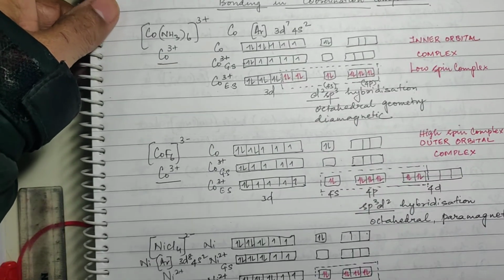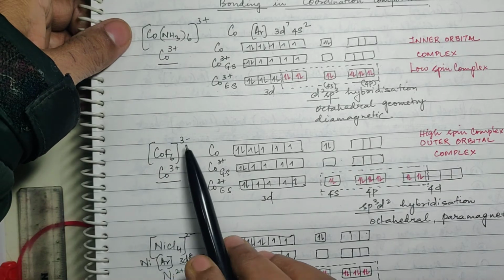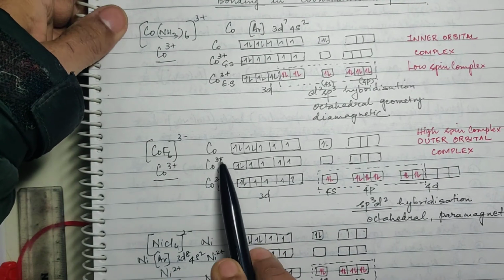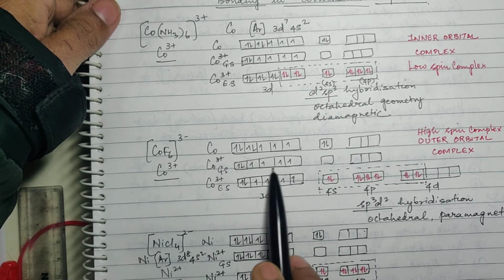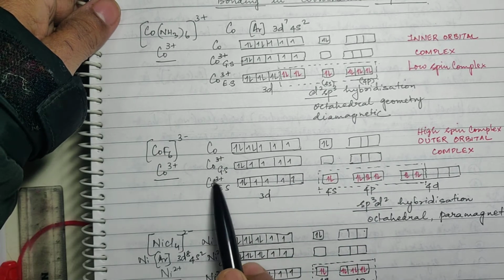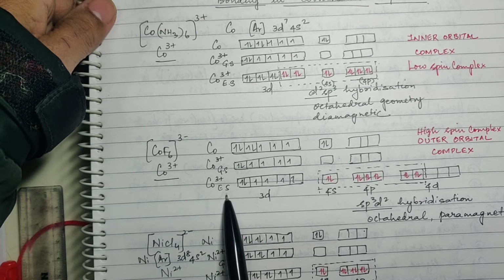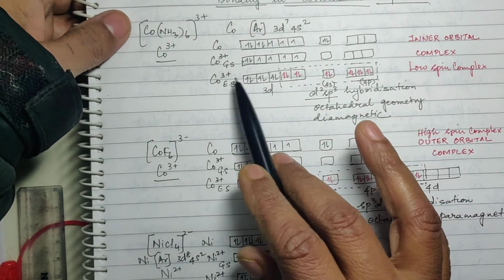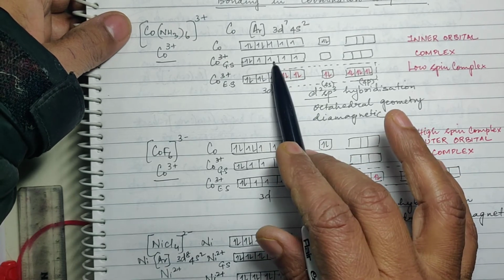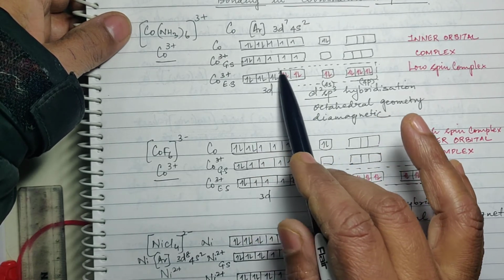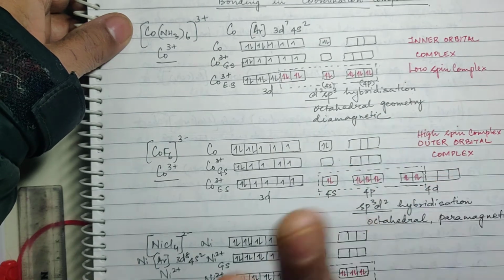Now come to the other example, [CoF6]3-. The same way, cobalt you have seen, again Co3+, you know this. Now in the excited state of Co3+, what is happening, you see. Previously the 2 electrons got paired up with the existing 2 electrons, and all 6 of them were accommodated in the first 3 orbitals.